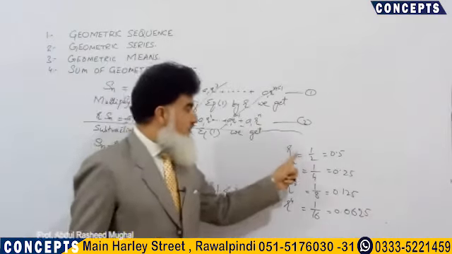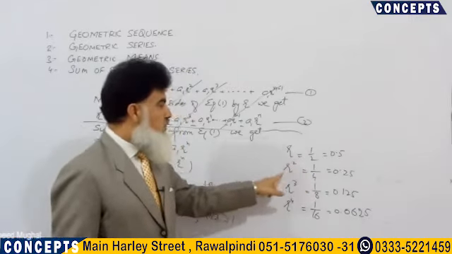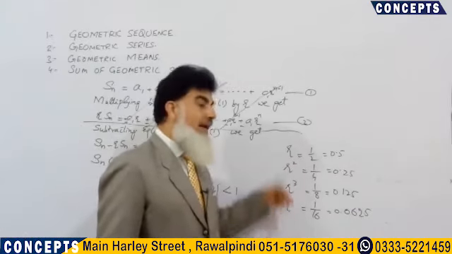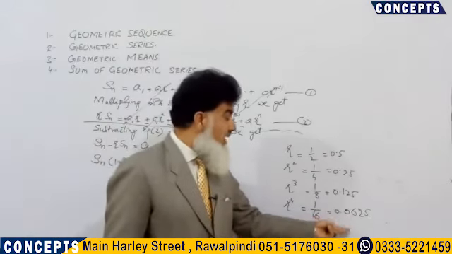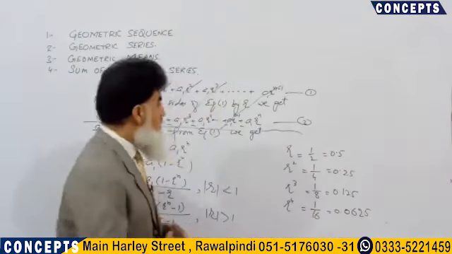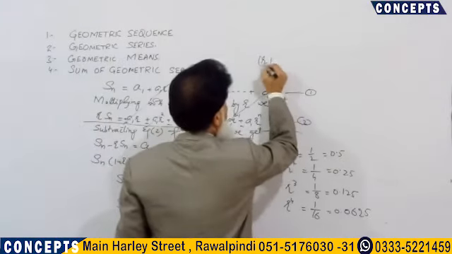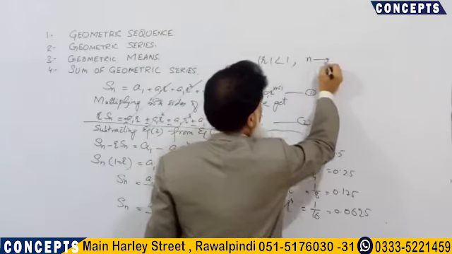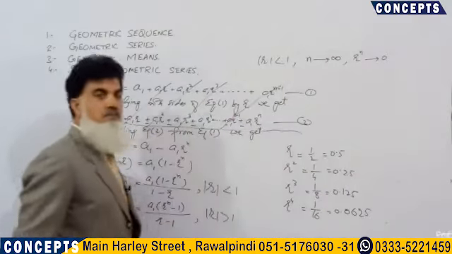You have noticed that when r is less than 1, that is 1 by 2, and its square, cube and fourth power increase in the same way, the answer approaches 0. So if we apply the condition that r is less than 1 and n approaches infinity, then r to the power n approaches 0.